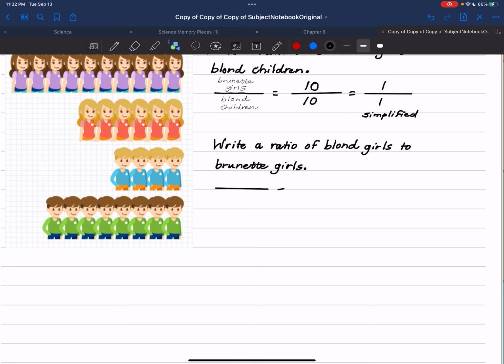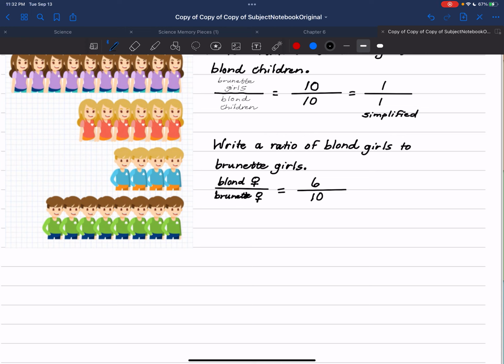You want to have the words and your ratio. So we have blonde girls to brunette girls. And this is just the symbol for female. So blonde to brunette. So you have 6 blonde girls to 10 brunette girls.